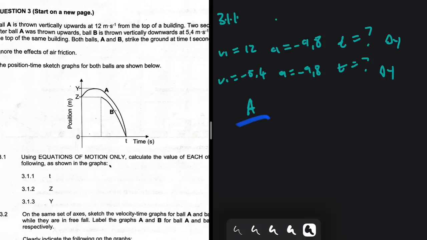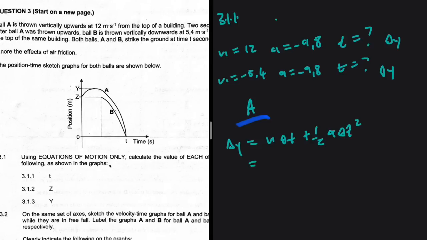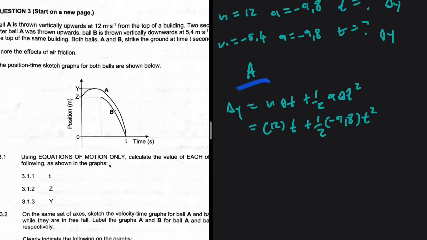For ball A, delta y equals vi delta t plus a half acceleration delta t squared. So vi is 12, time is what we're interested in, plus a half times minus 9.8 times t squared. So delta y equals 12t minus 4.9t squared. This is as far as ball A is concerned.